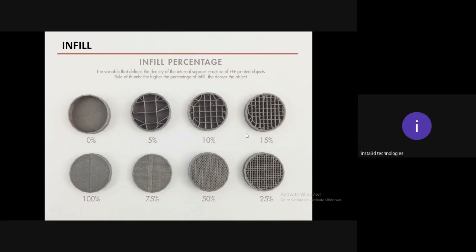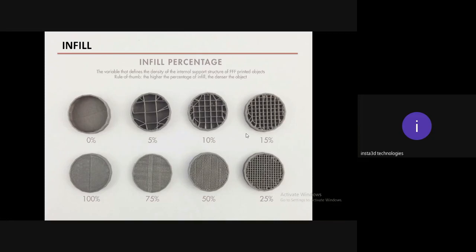If you are going for a prototype, a demonstration, or a concept model, going with 0, 5 or 10 percentage is recommended, because it may be a design iteration, or a concept model, and we don't know whether it is right or wrong.